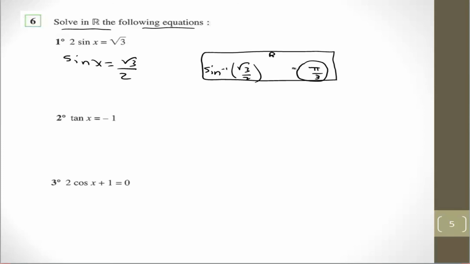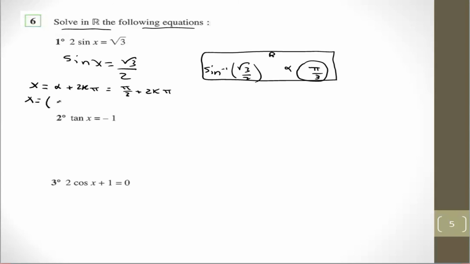This is alpha that we want. So I know from previous parts that the solutions are x equal alpha plus 2k pi. So it is equal pi over 3 plus 2k pi. This is the first one.